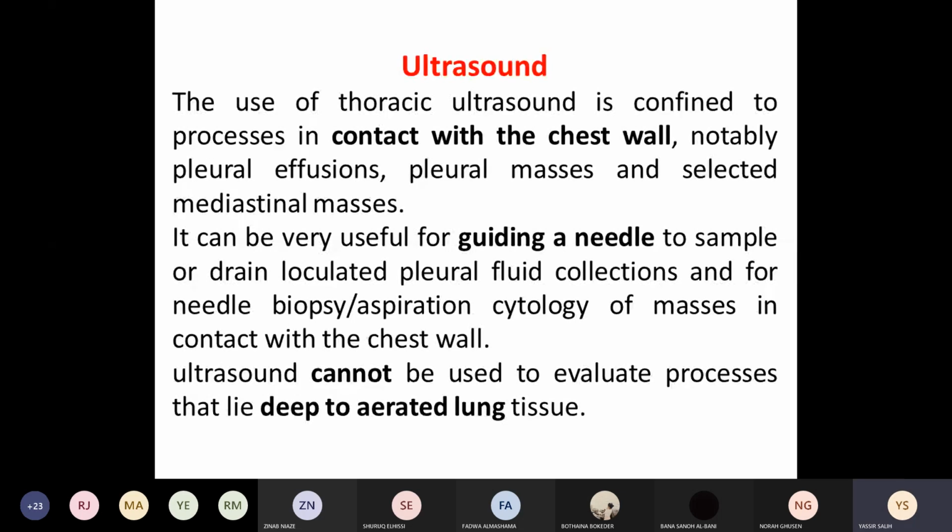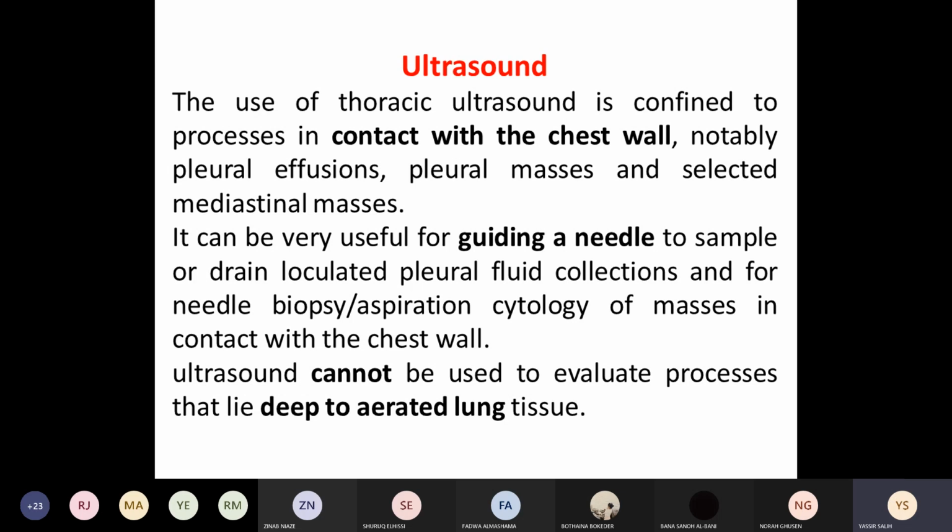There are two imaging techniques usually used to guide the needle or any other instrument for taking a biopsy or for aspiration of a fluid collection, for example. If we have a loculated fluid collection, this can be drained by a tube inserted through ultrasound guidance or through CT guidance.